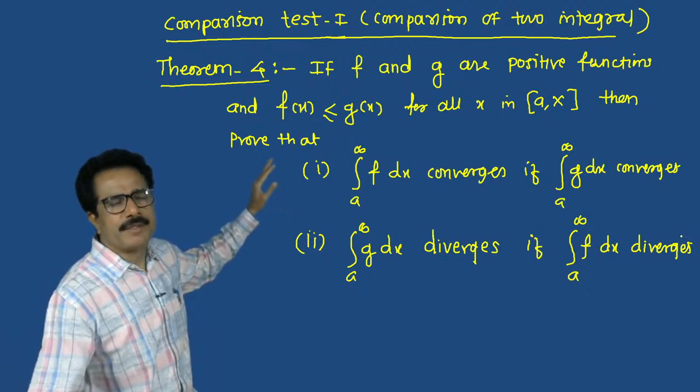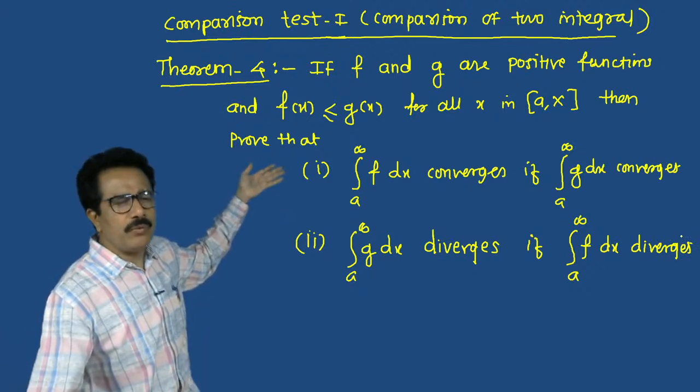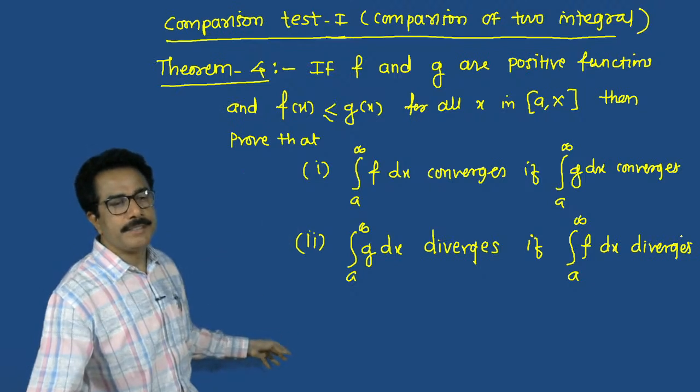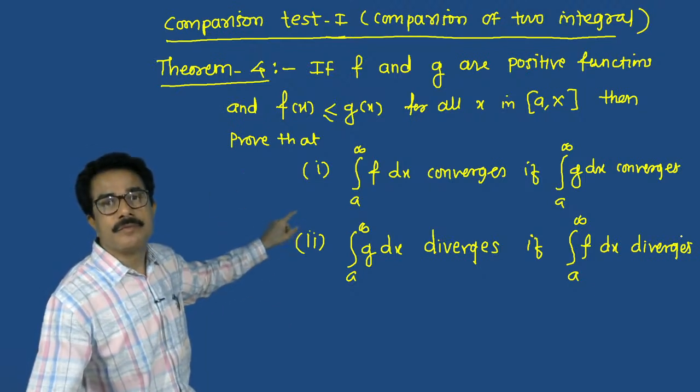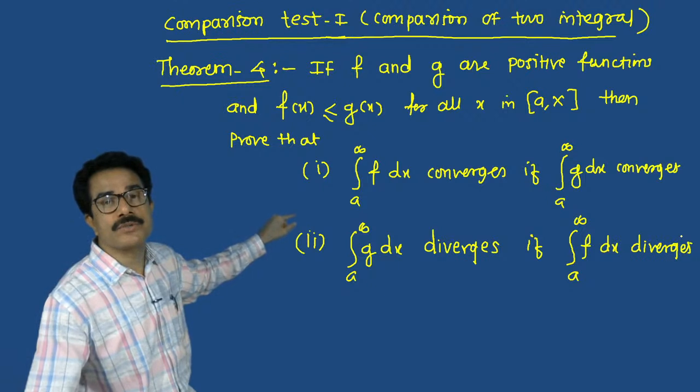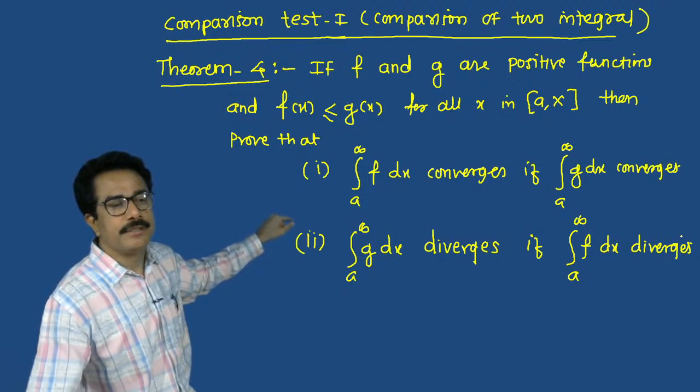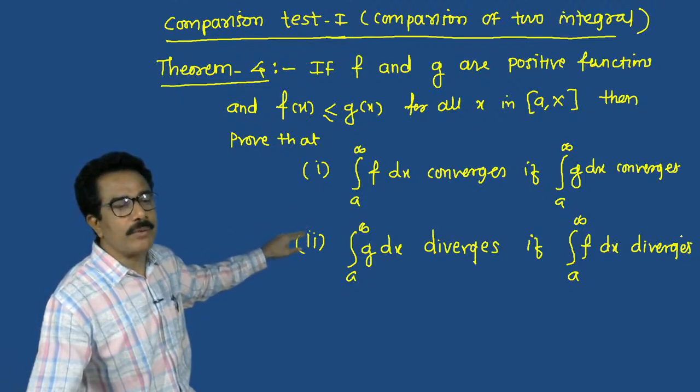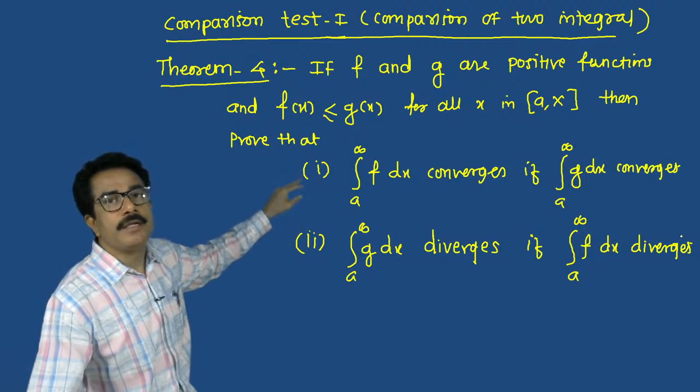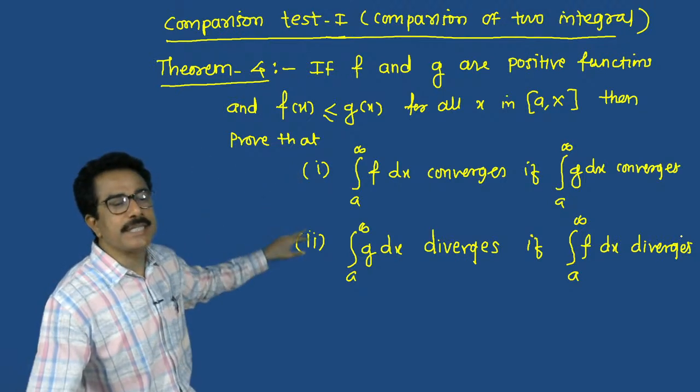सेम थेरम आहे. अगोदर ज्या पद्धतीने already we have proved this theorem, but in that theorem the range was finite. In this case, the integral is from a to infinity, but in that case, from a to b.